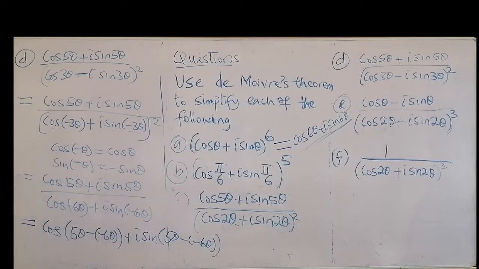Then finally this will give us, minus minus, that's plus, cos 11 theta, and then plus i sine 11 theta. So that's that on that question.